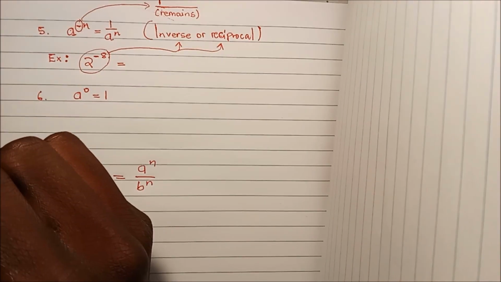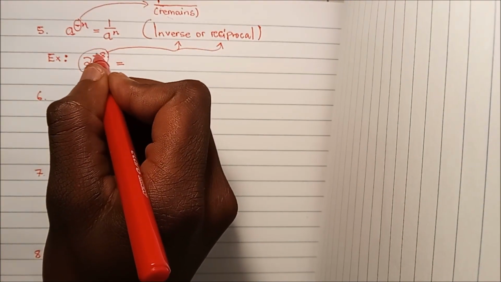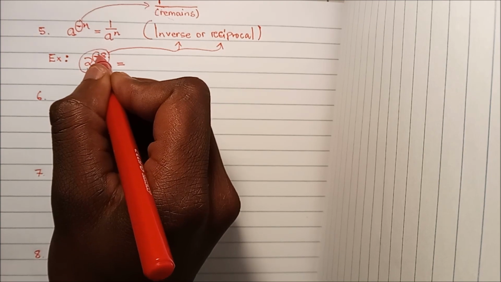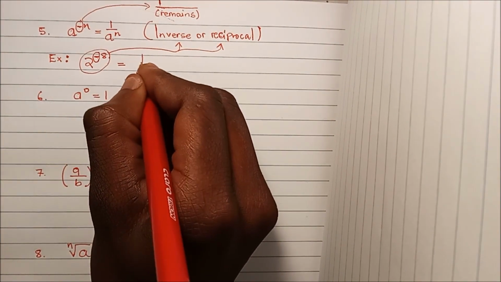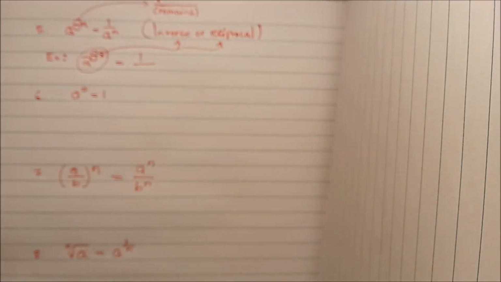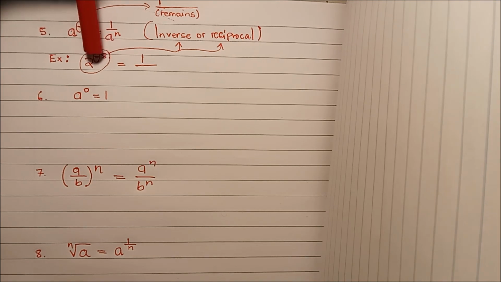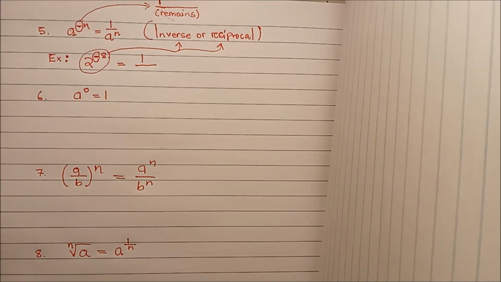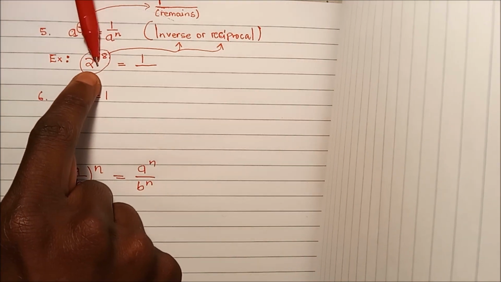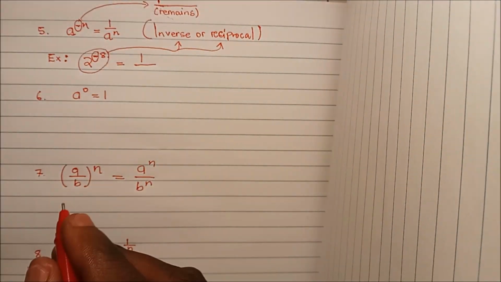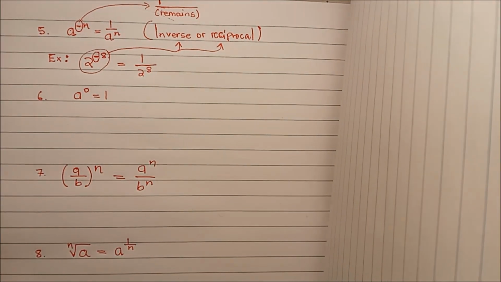So what is our remainder in this regard? Since we know it's an inverse, it's 1 over the remainder. If you hide the negative, what remains is 2 to the power of 8. So the answer will be 1 over 2 to the exponent of 8.